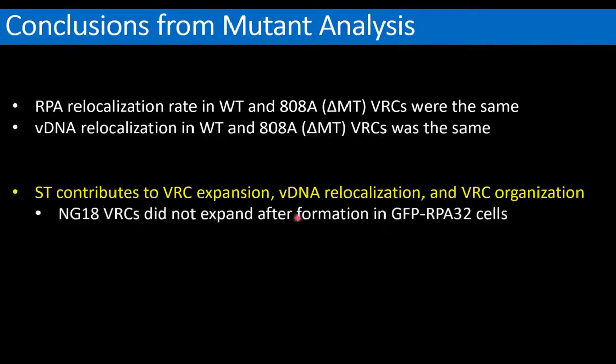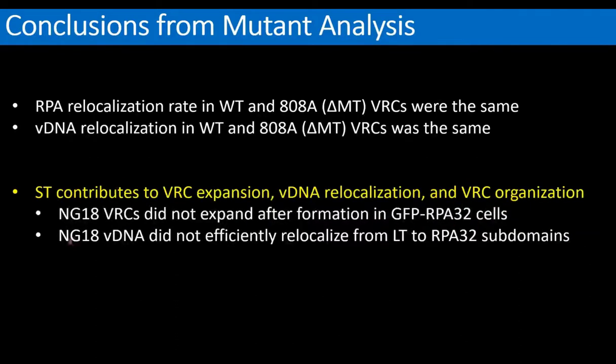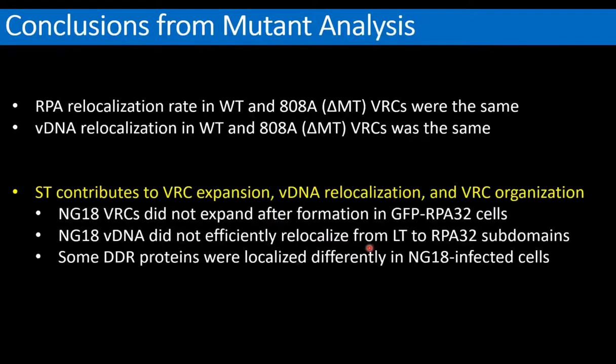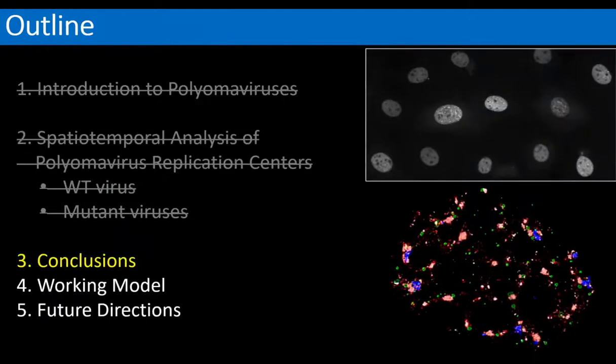NG18 VRCs did not expand after formation in the GFP RPA cells. NG18 viral DNA also did not efficiently relocalize from large T to RPA32 subdomains. Some DDR proteins were localized differently in the NG18 infected cells. I'm going to talk about what these results mean in a minute.